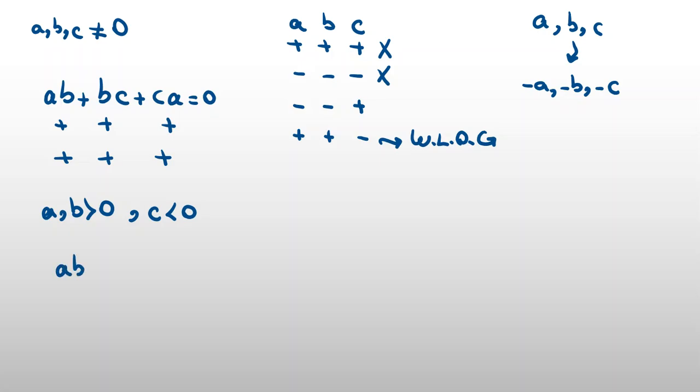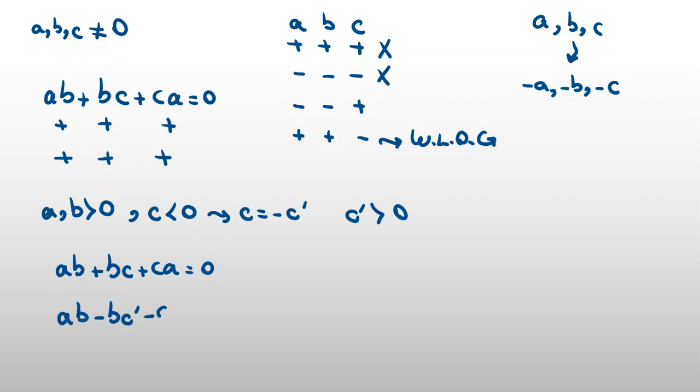Now, AB plus BC plus CA equals 0. I consider C as equal to negative C prime, so C prime is positive now. So here it will be AB minus BC prime minus C prime A equal to 0. If I want to factorize, I say A, B, so I create A minus C prime, and B minus C prime.